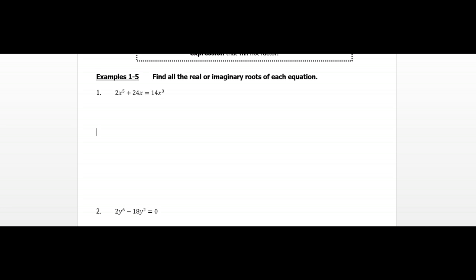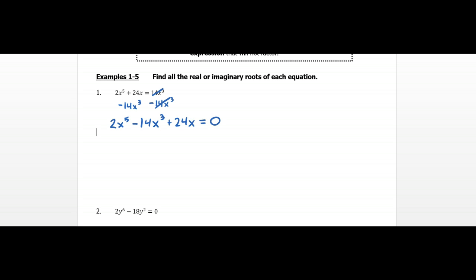So just like with quadratics, we want to get everything on one side. So the first thing I'm going to do in number 1 is subtract that 14x cubed on the right side over to the left side, and that's going to make my right side equal to 0. So I get the equation 2x to the 5th minus 14x cubed plus 24x equals 0.